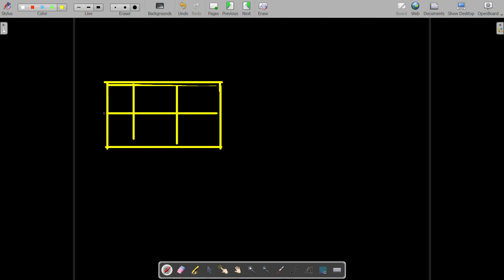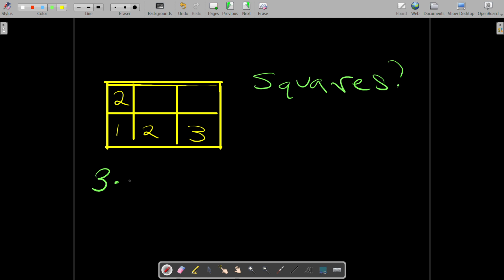Okay, so the trick I would use here is, well, as we can see, we have 1, 2, 3 columns and 2 rows. So the trick I would use to find the number of squares is to write the amount of columns multiplied by the amount of rows.